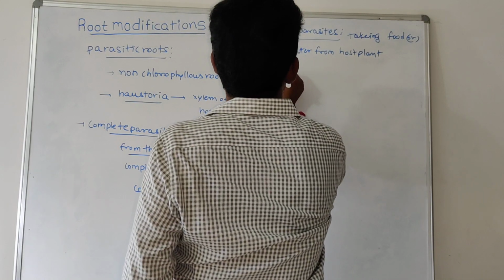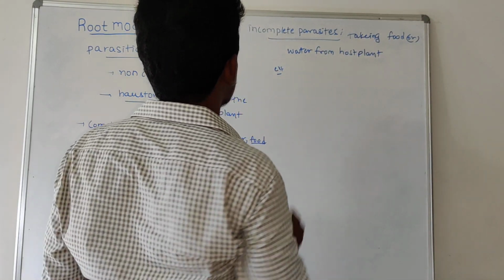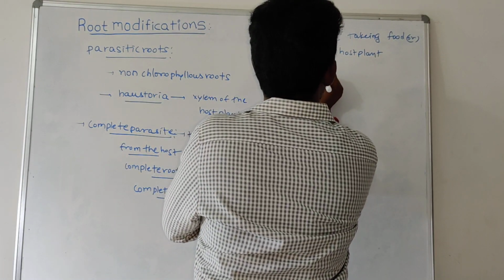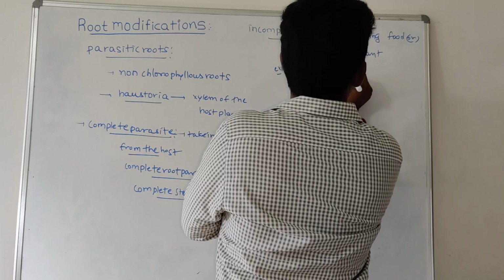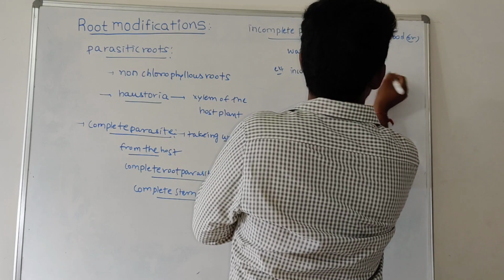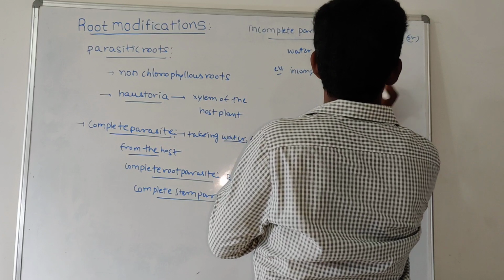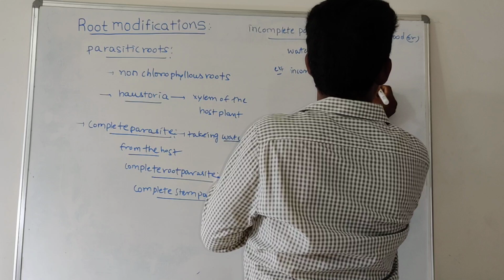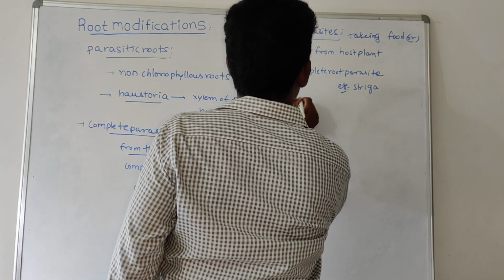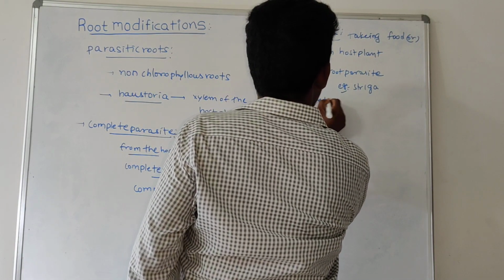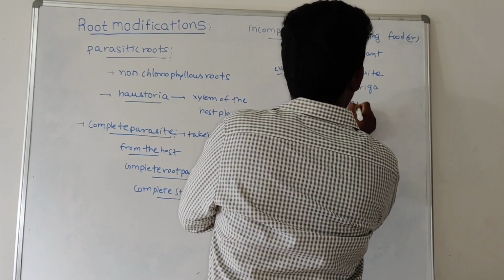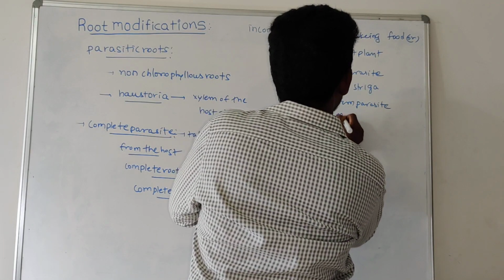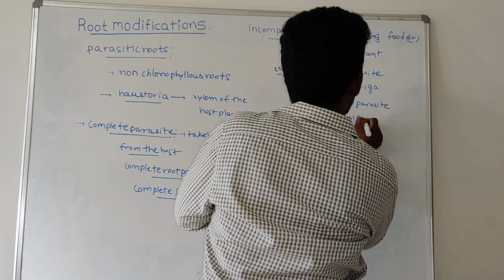Examples for incomplete parasites: the incomplete root parasite is Striga, and the incomplete stem parasite is Viscum.